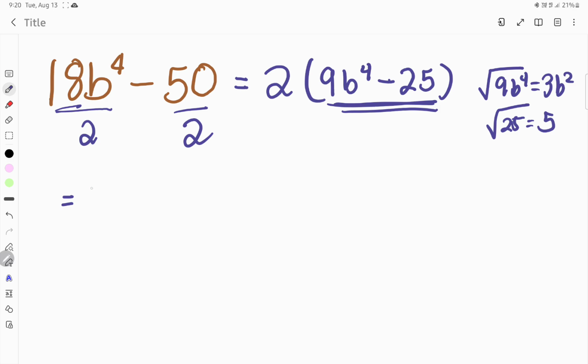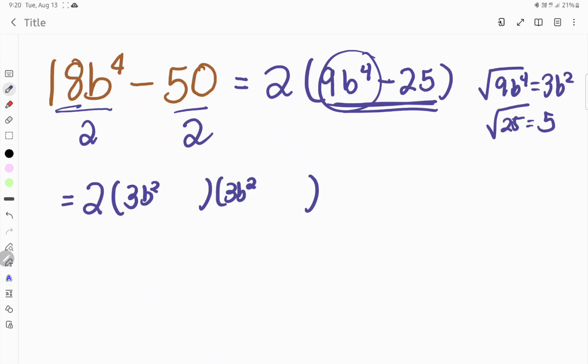So therefore, I factor it commonly. So I give two grouping symbols. What is the square root of 9b to the fourth? That would be 3b squared. So I'm writing that on the opening of the grouping symbol. And then, what's the square root of 25? That would be 5. And this is 5, so that would be plus and minus 5.